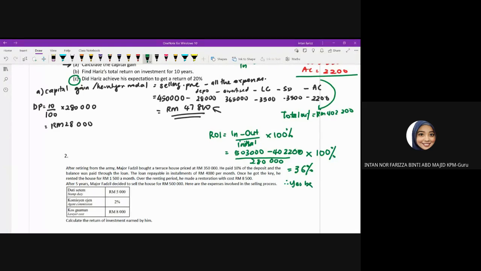Yes, because he achieves 36% on the ROI. Okay, dah lah untung. And then more than the expectation. So if you have negative, that means you are making loss lah. You tak untung lah.